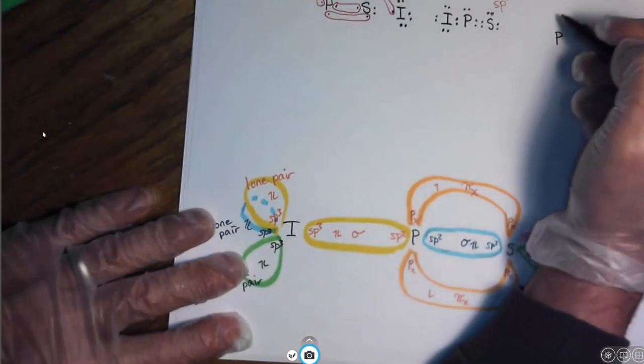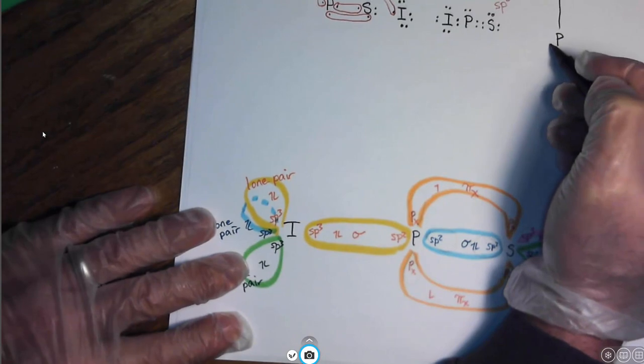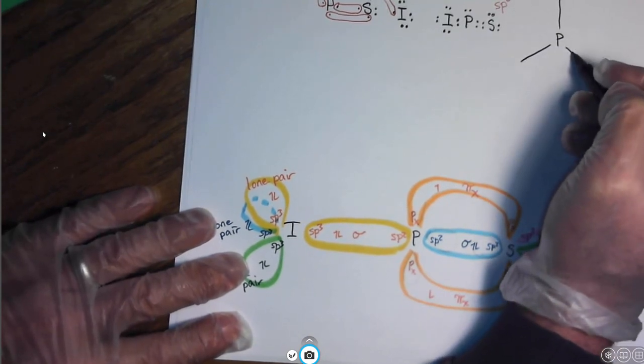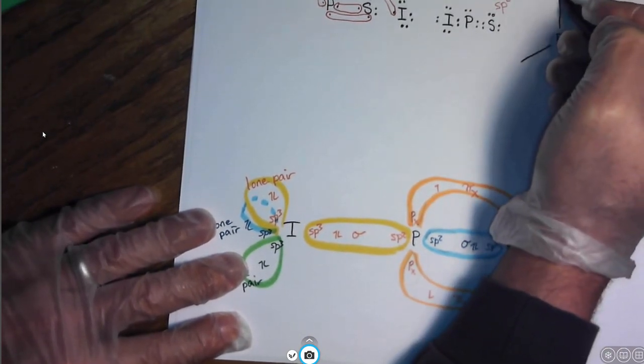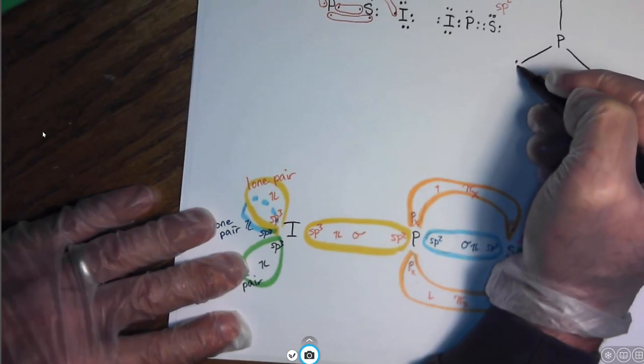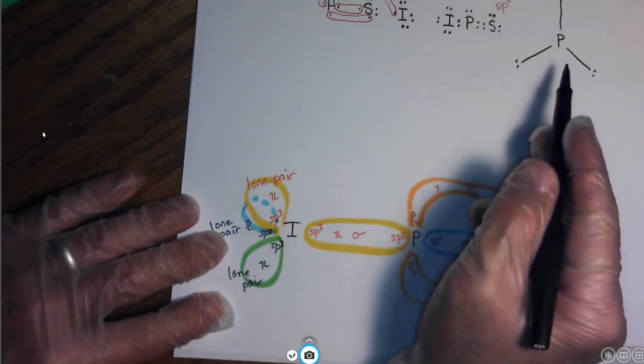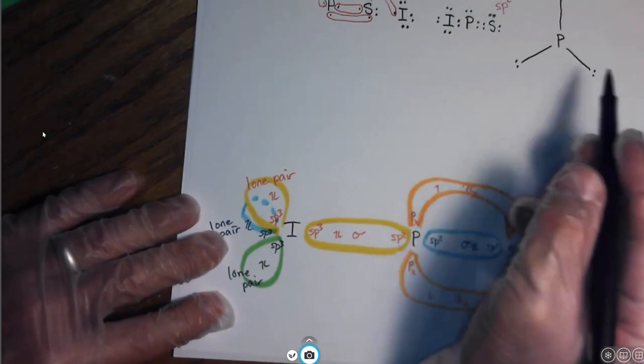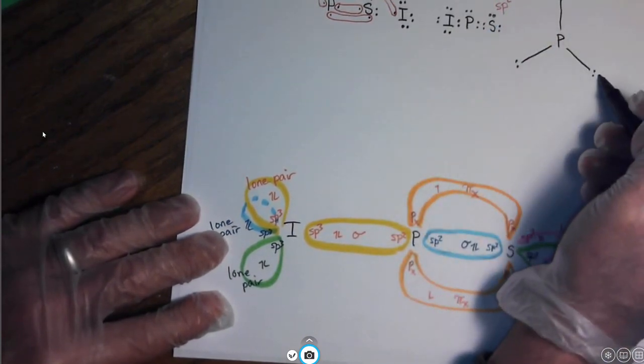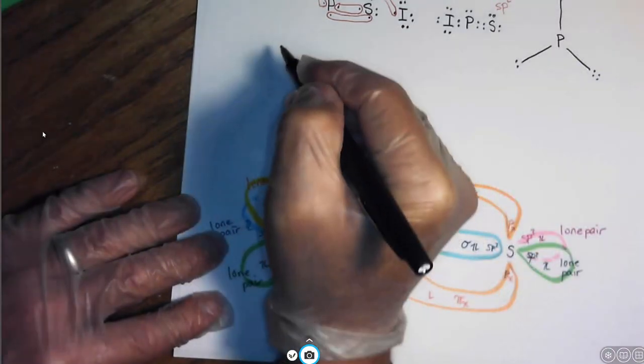Planar. So the trigonal planar is like this, and this, and this. It's a trigonal planar electron pair shape. Then we redraw the same thing, and I have to put 4 electrons on one of these arms here.